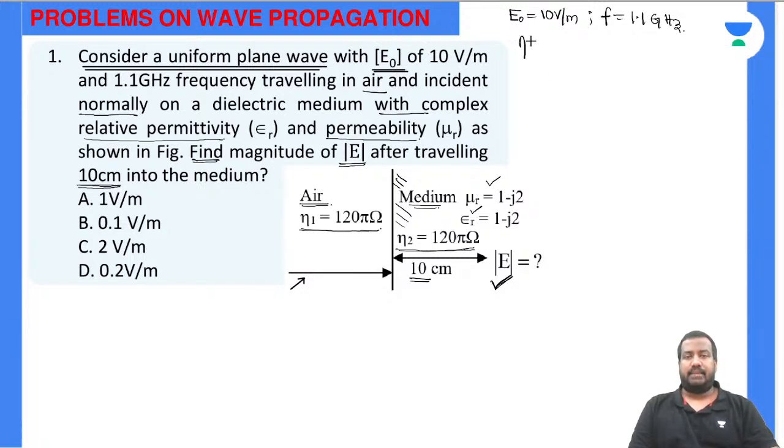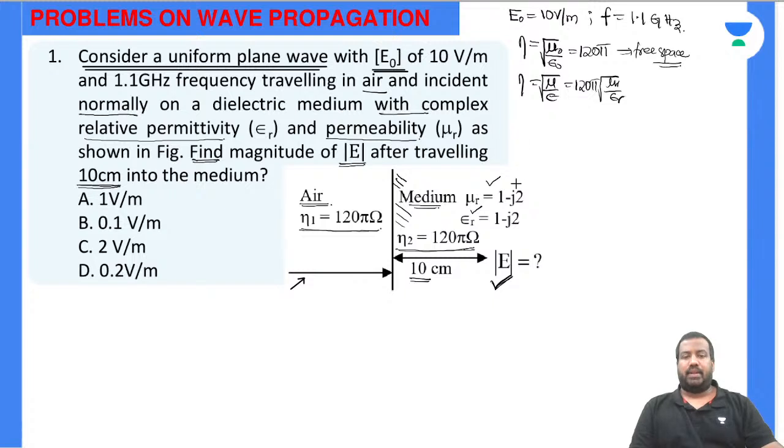Because eta is under root of mu naught by epsilon naught. This will be 120 pi for free space. But for a given medium, eta is under root of mu by epsilon, 120 pi into under root of mu r by epsilon r.